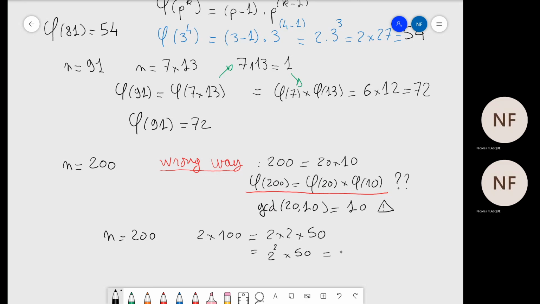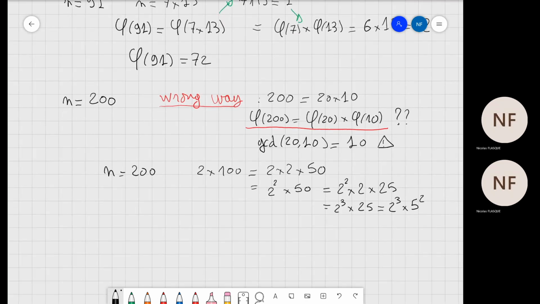So let's go forward. It's 2 to the power of 2 times 2 times 25, which is 2 to the power of 3 times 25. And 25 is 5 to the power of 2. So actually, that's not a kind of hazard.